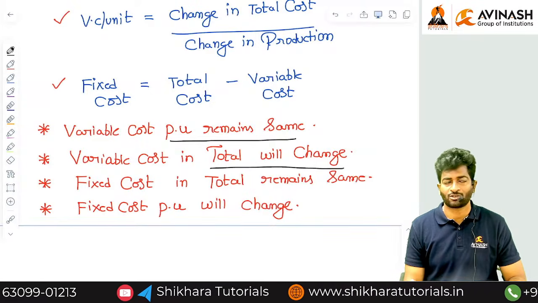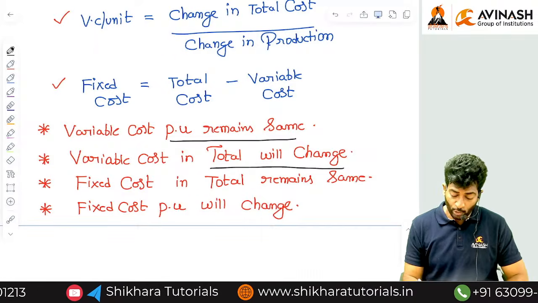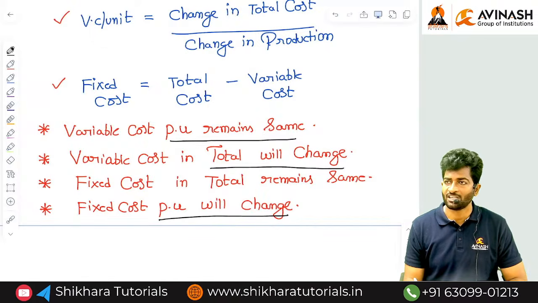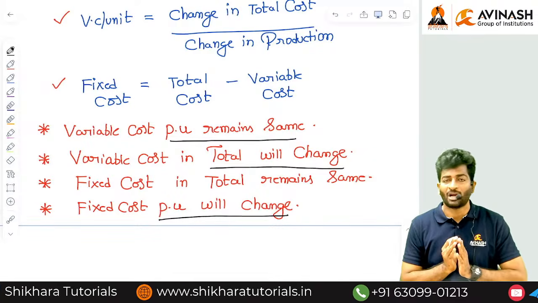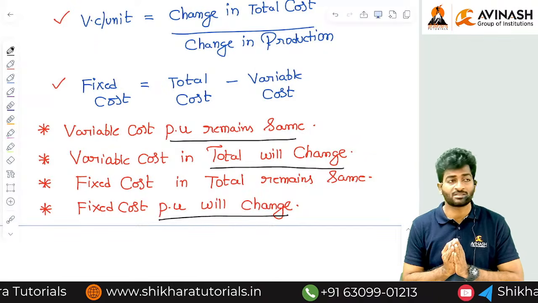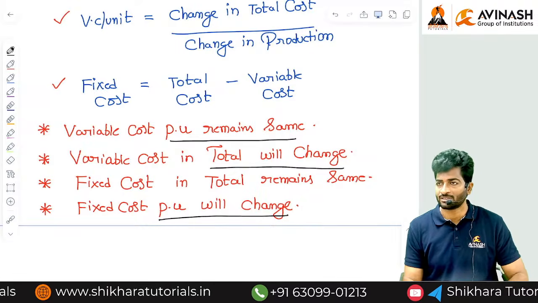Now coming to fixed cost, it will be quite opposite. Fixed cost per unit will change. Why is it changing? Because fixed cost in total remains same. My rent is 50,000 rupees, and in that factory I am producing 10,000 units.